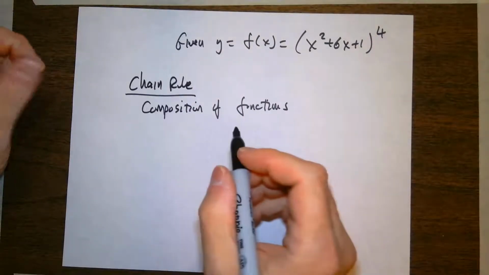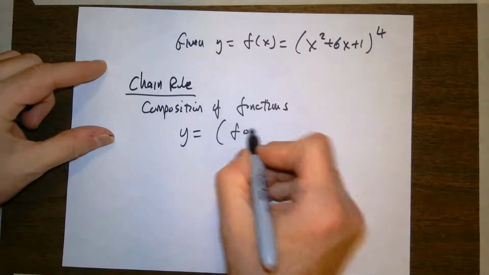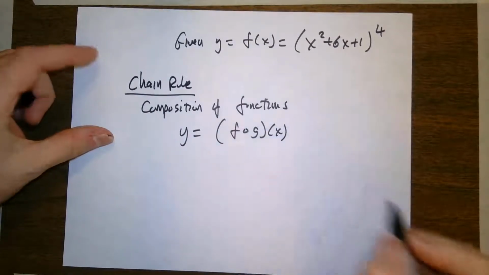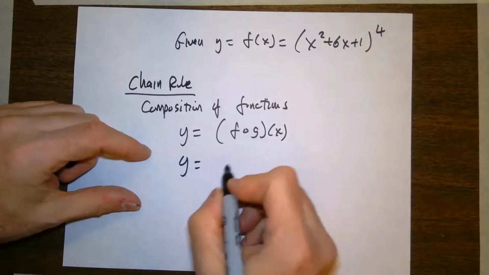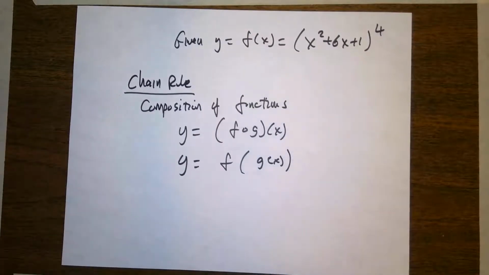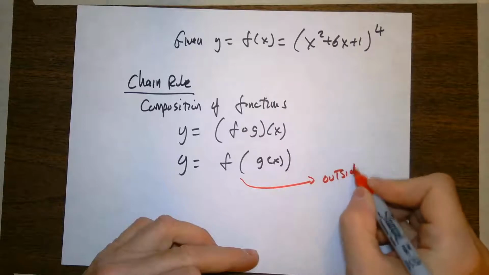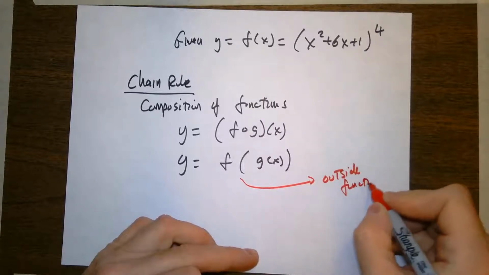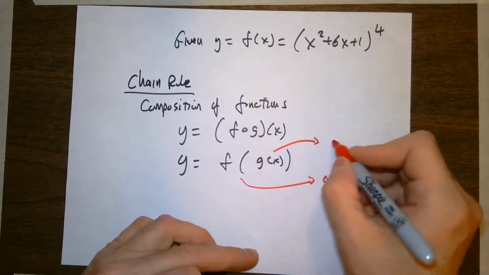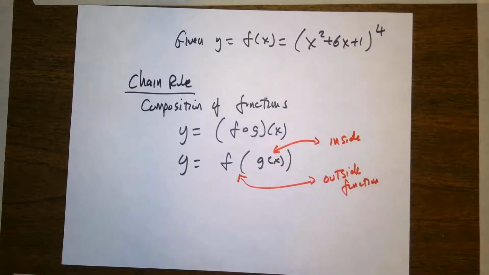Well, if I could write my y as some sort of f of g of x, here's the way I want you to think about it. I want you to think about the outside function and the inside function.